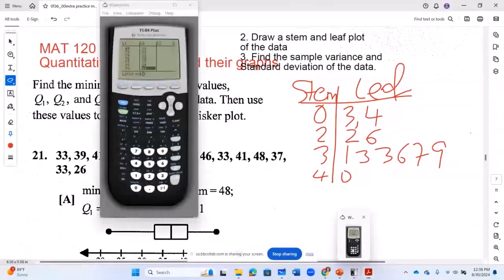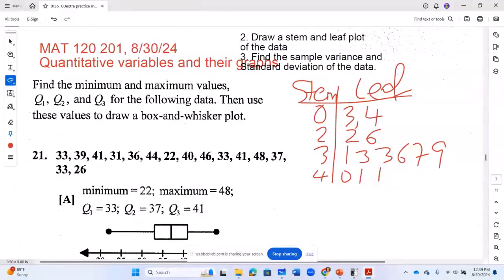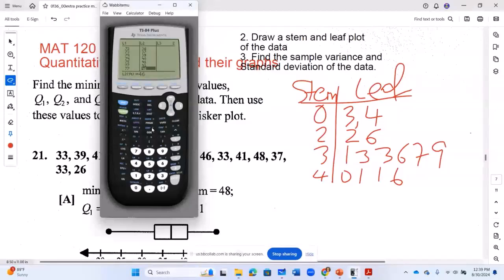To make sure that all the numbers are there, I want to arrow to the last digit. So I have 2 41s, 1, 1, 6. So I can actually see that when I do the stem and leaf plot, it's easy to eyeball everything.